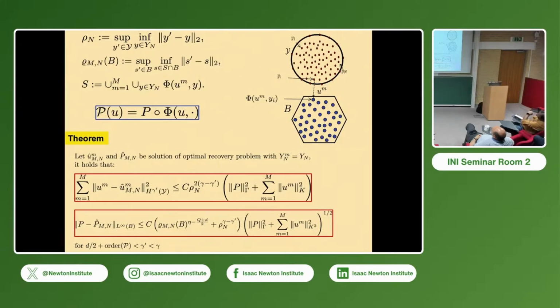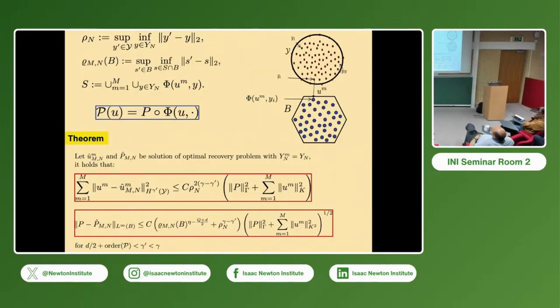that essentially bounds the error that we make in approximating those partially observed solutions and the functional form of the PDE with powers of those mesh norms, right? So in the first inequality, you only have the power of the mesh norm between the observation points. This power corresponds to the gap between the assumed regularity of your partially observed solutions and the strength of the norm being used to measure accuracy.